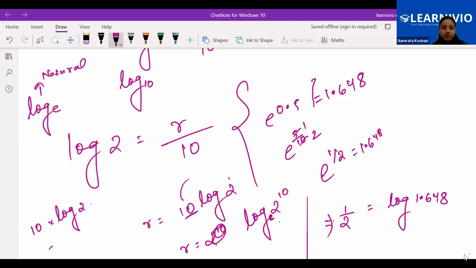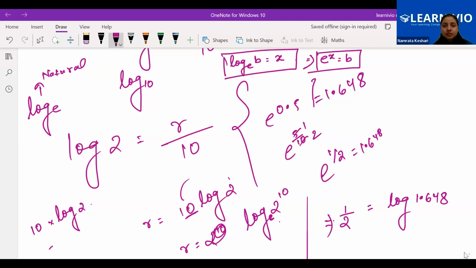We definitely have to do some arrangement here. Otherwise, the exponent to logarithm form says that if we are having log base e of b is equal to x, then that gives e to the power x is equal to b. This is how we can write logarithm form to exponent form.